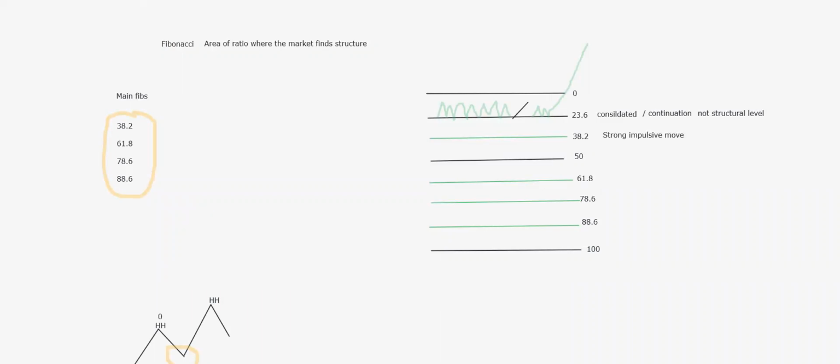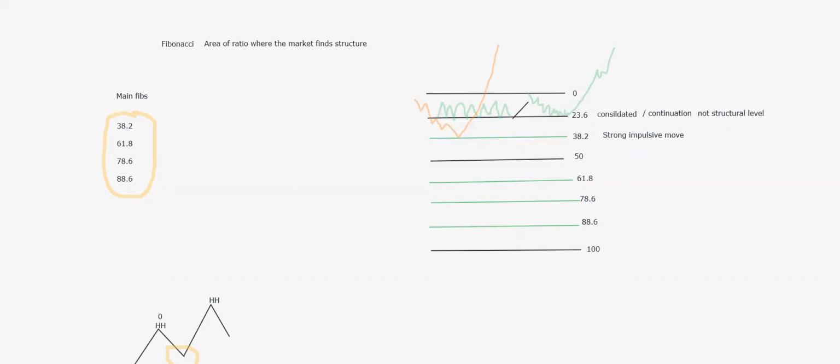If price came down like this and lands on 38.2, you typically see a strong impulsive move, similar to this continuation. Let me correct that, it doesn't necessarily have to be impulsive. Continuation would be, it might consolidate a little bit and then continue up.